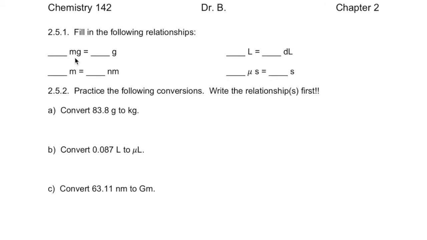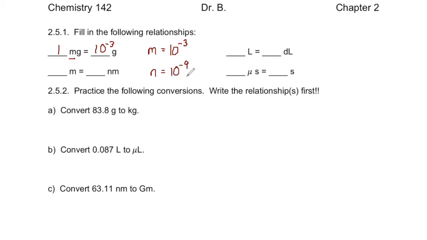So the first step in being able to successfully complete a metric conversion is to be able to write a metric relationship. So if you know that milli means 10 to the negative 3, then 1 milligram equals 10 to the negative 3 grams.